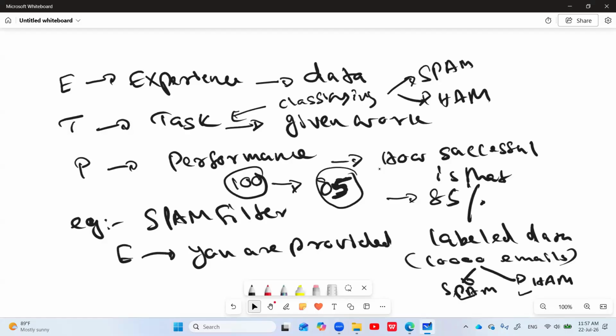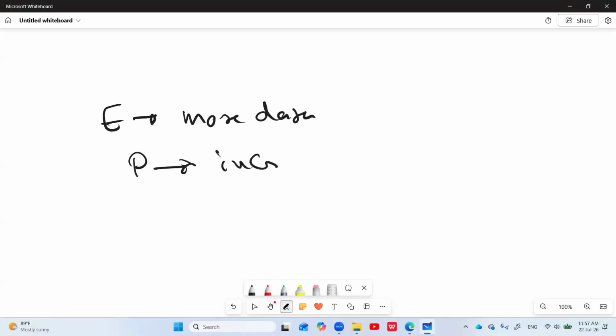So I think it is clear about the experience. Experience means the provided data, the task means what you want to do, and the performance is how successfully you do it. Then what does that definition say? When your experience is more, that means when you provide more data, your performance will increase.